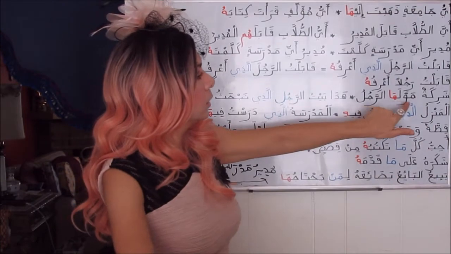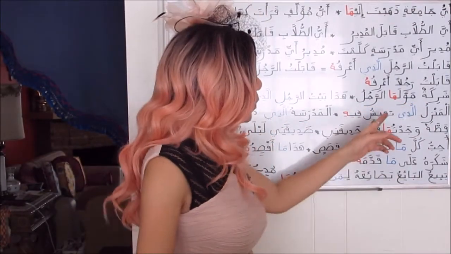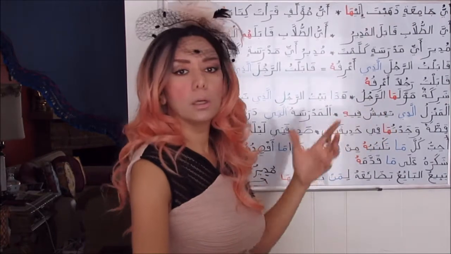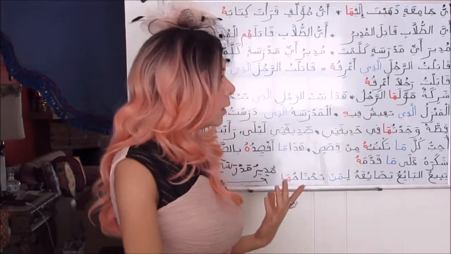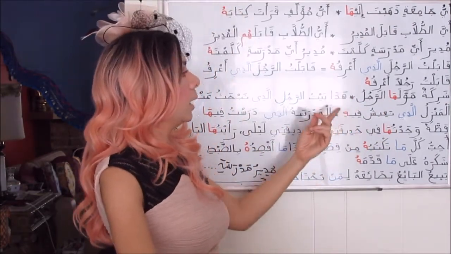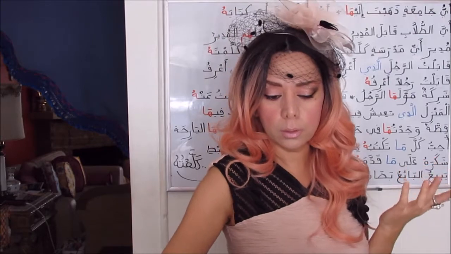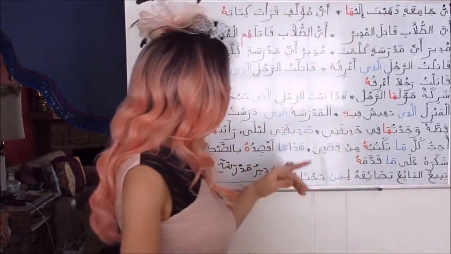So here شركة is indefinite. That's why we had to use a resumptive pronoun ha. شركة مولها الرجل. Okay? So a company that the man financed or funded.